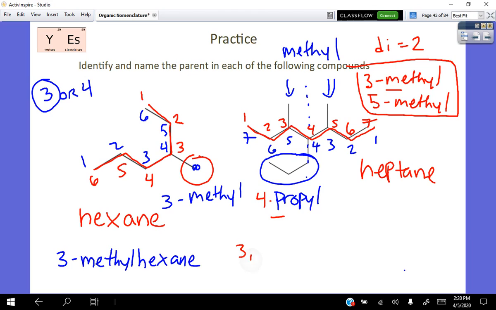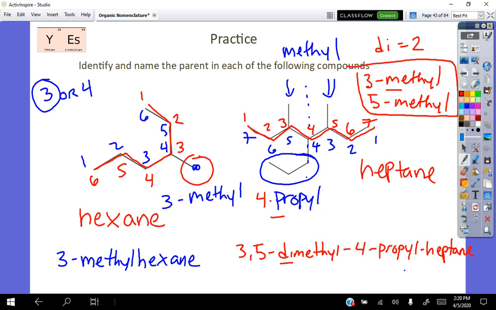So I'm going to have 3,5-dimethyl. I'll combine those two. Now keep in mind the di prefix is not part of the alphabetization. Then I have 4-propyl, and then the last part of my name, which is my parent chain, heptane.